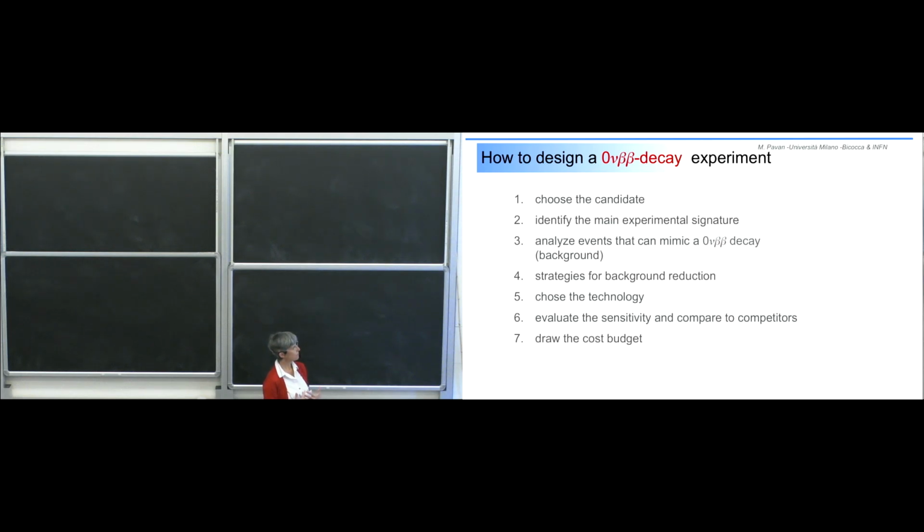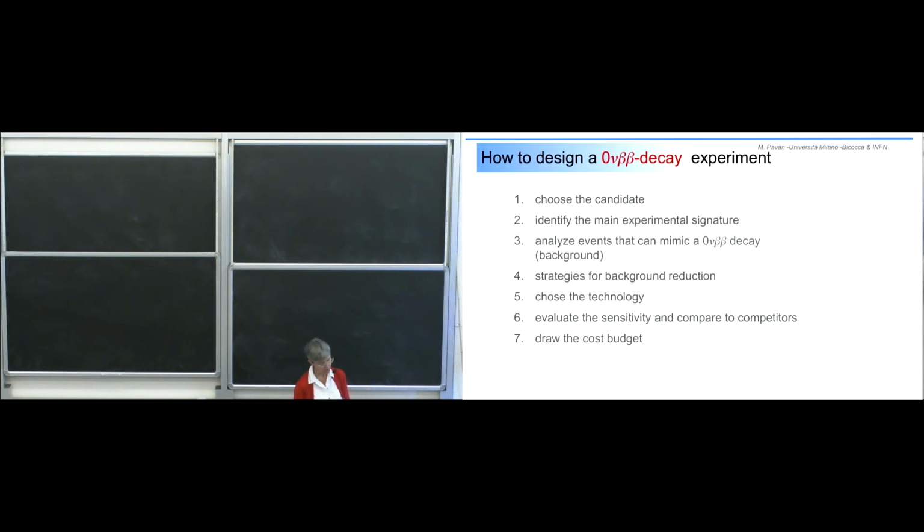What I have in mind for this lecture is to go through all these different points and try to discuss with you and together understand what are the main choices in the experiments that are presently running and what are the motivations for these choices. So it's like an exercise in which we try to define our own experiment starting from scratch.